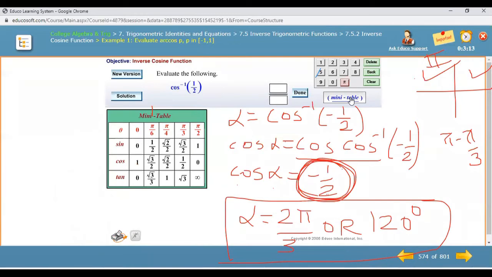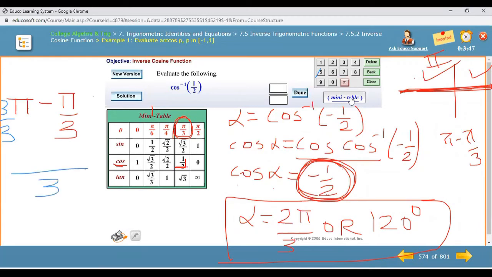What is the reference angle in this case? For 1/2 in cosine, the reference angle is pi over 3. Now, this pi over 3 is in the second quadrant. Reference angle is always with the x-axis. So I check it as pi minus the reference angle, and if I do my math, I multiply by 3 at the top and divide by 3. We have a common denominator. 3 pi minus pi gives you 2 pi over 3, and that's the answer.